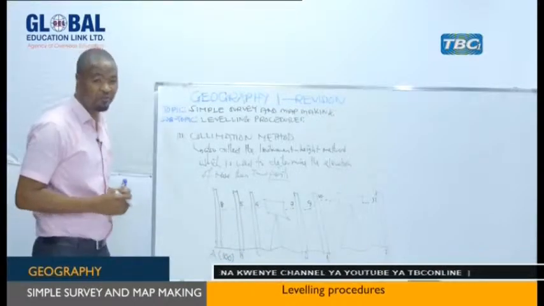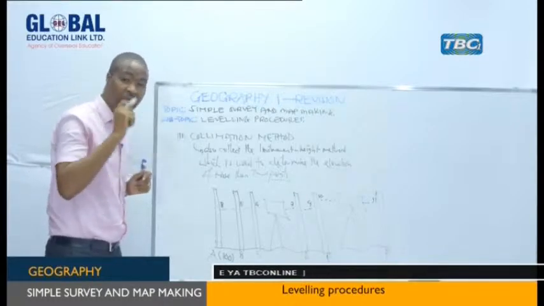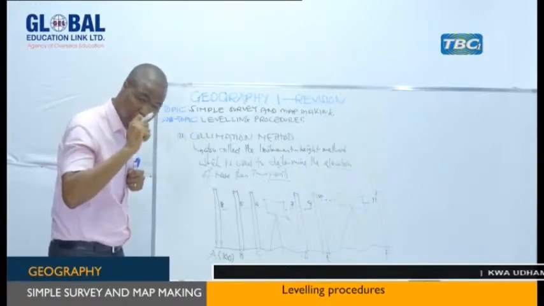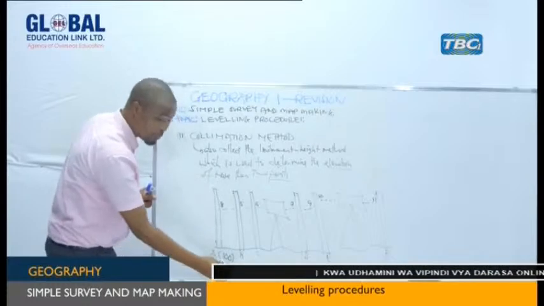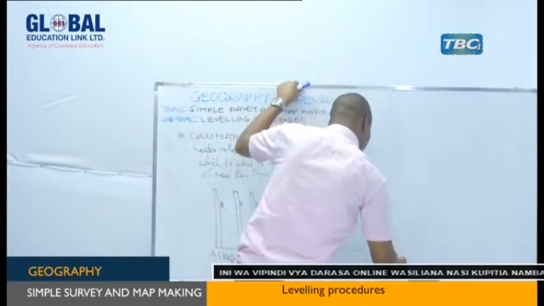It's very simple. First, you have to find what we call the collimation height, or the height of collimation. How are you going to find the height of collimation? You have to take the instrument reading plus the fixed point reading on the ground. Let me explain mathematically.